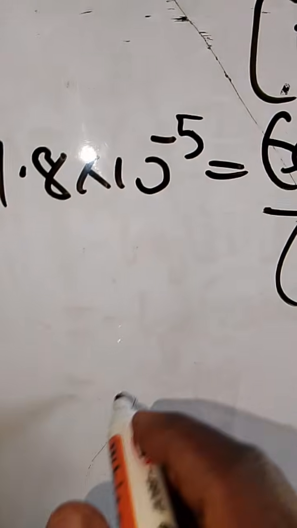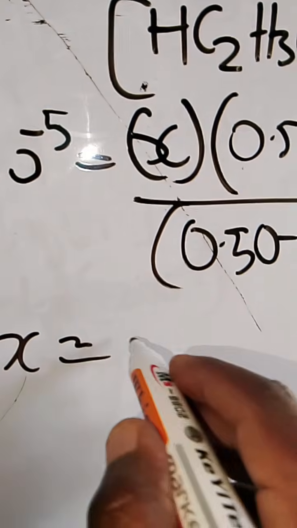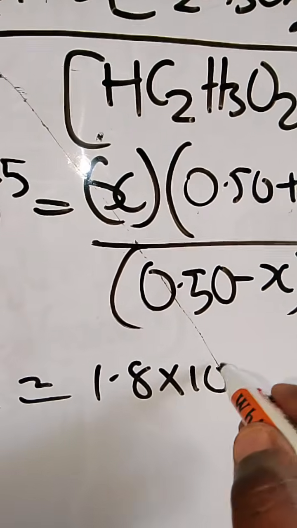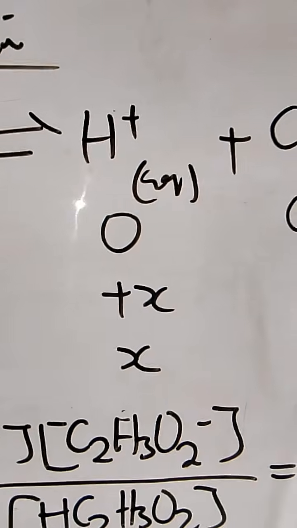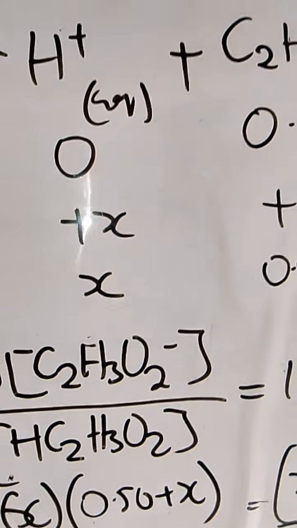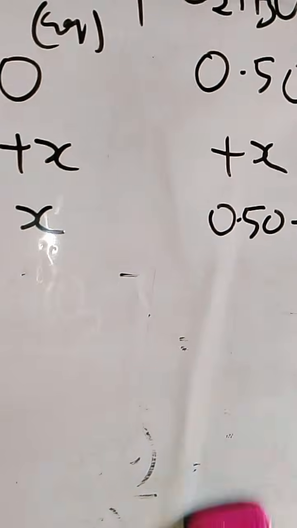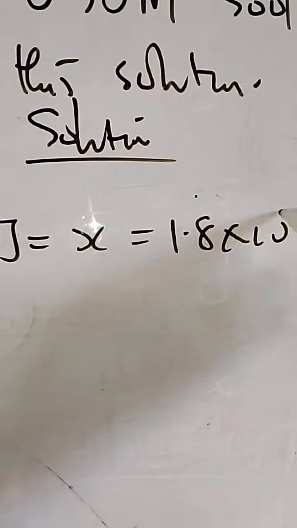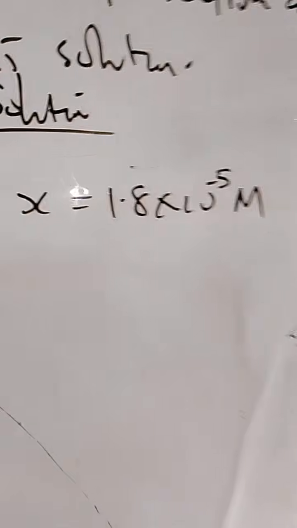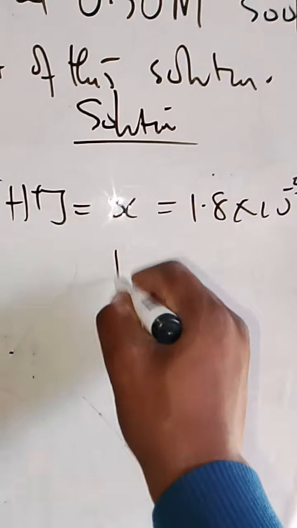So in this case now, x is equal to 1.8 times 10 to the power negative 5, which is the concentration of hydrogen ion. So from the table, concentration of hydrogen ion is equal to x, which is equal to 1.8 times 10 to the power negative 5 molar.